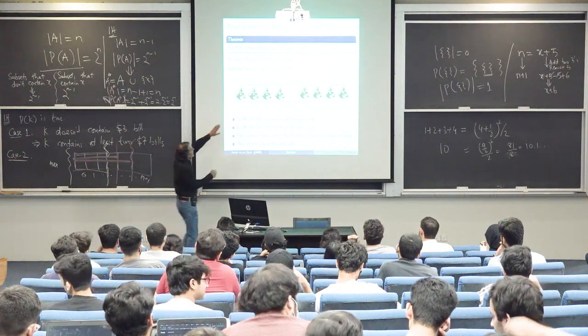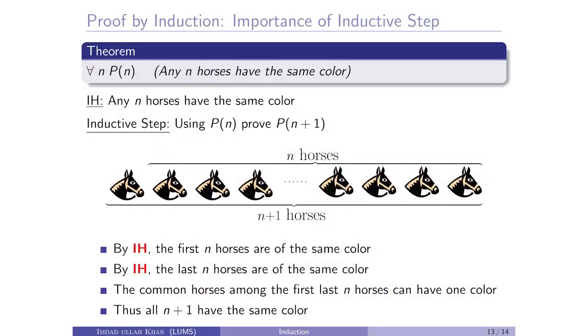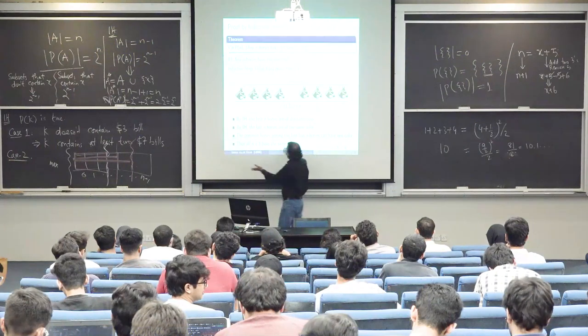So over here, this horse has the same color as these ones, other than the last one, according to the previous version of the inductive hypothesis. And then this horse, जो हमने पहले छोड़ा था, has the same color as the previous ones except this one. So hence, if there is an overlap, n plus 1 total थे, first n and last n are true because of the inductive hypothesis, and hence n plus 1 horses have the same color.